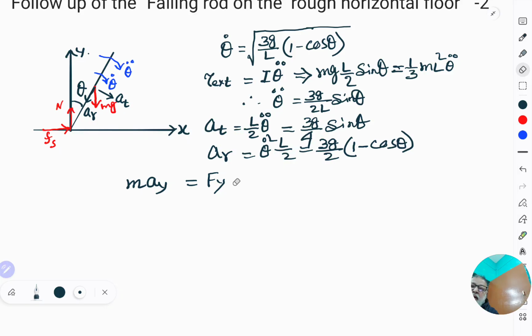As I have taken the vertically upward as positive, AY, according to my definition of the problem, will be equal to minus AR cos theta minus AT sin theta.